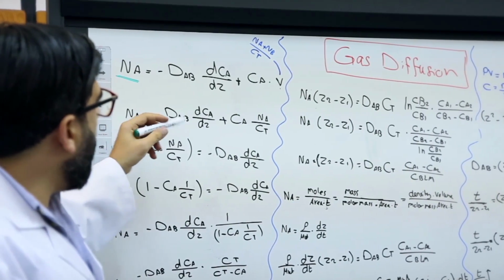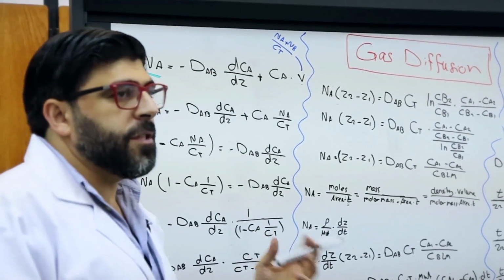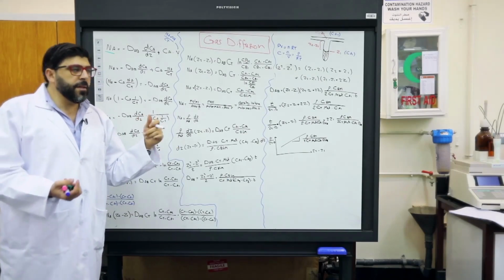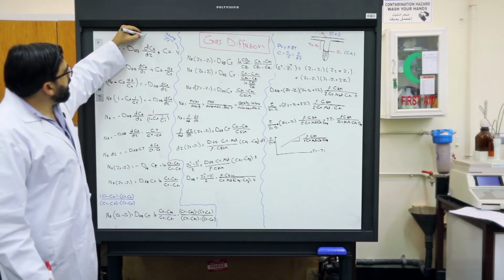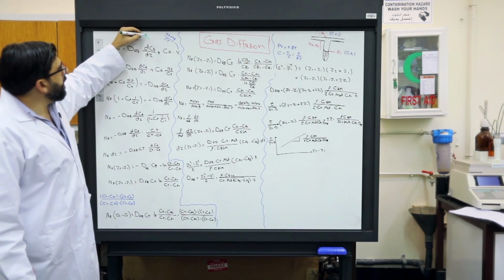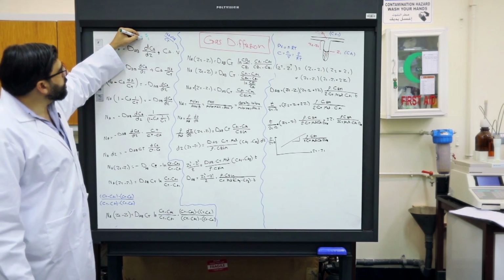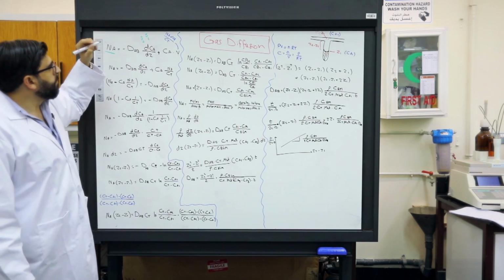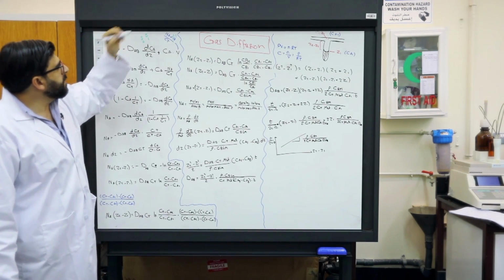Now suppose your system is stagnant. That means N_A has flux into B, but there is no flux of B, so N_B equals 0.